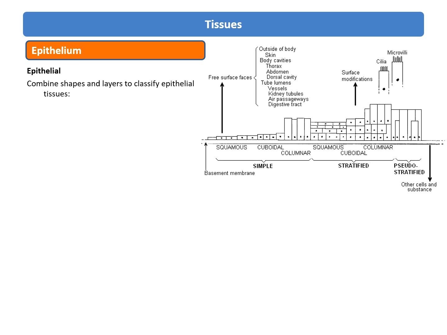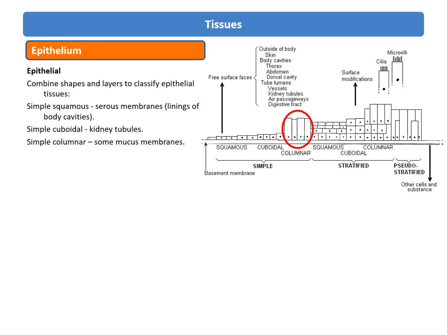If we combine the shapes and layers, we can classify epithelial tissue into simple squamous, for example, serous membranes lining the body cavities, simple cuboidal, kidney tubules, for example, simple columnar, some mucous membranes.